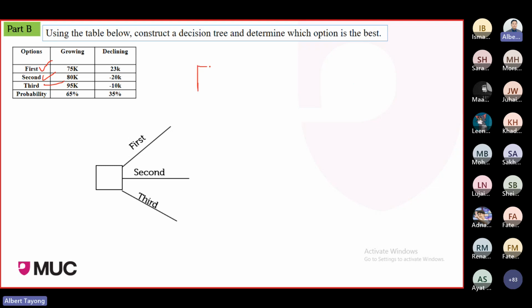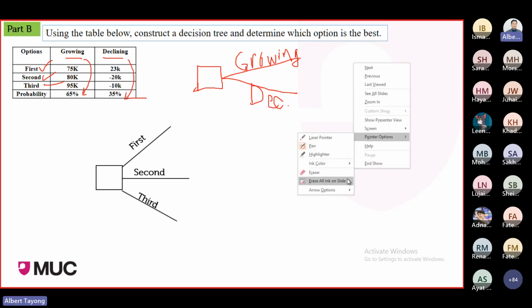If by mistake, for example, you put growing and then declining in the wrong order, then you will not get any marks because you are not following the sequence in the table. Growing and declining, as you can see, are for the probabilities. So you have to be careful.